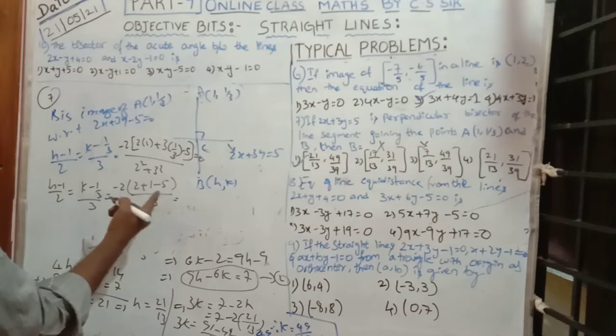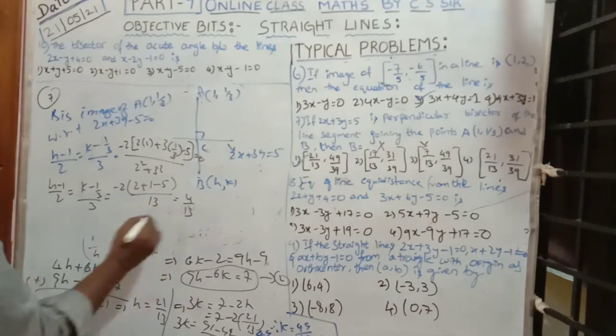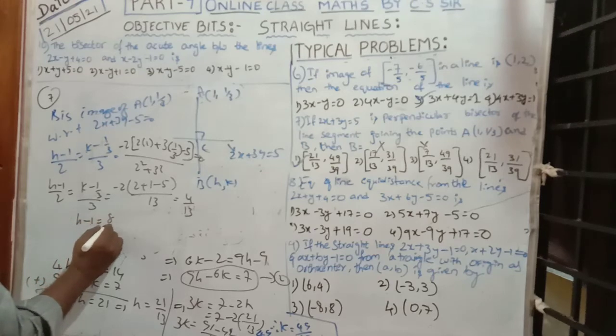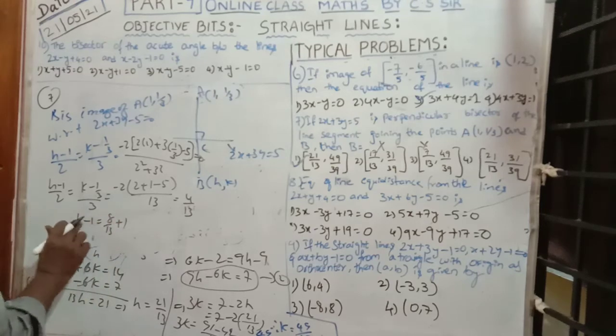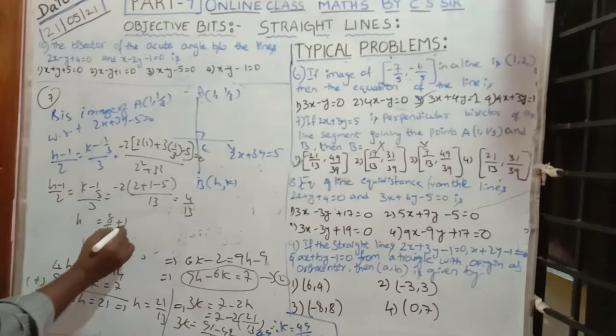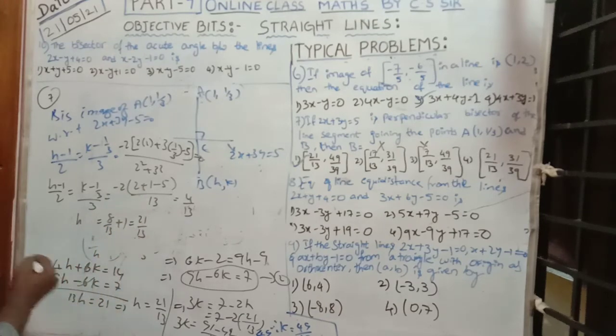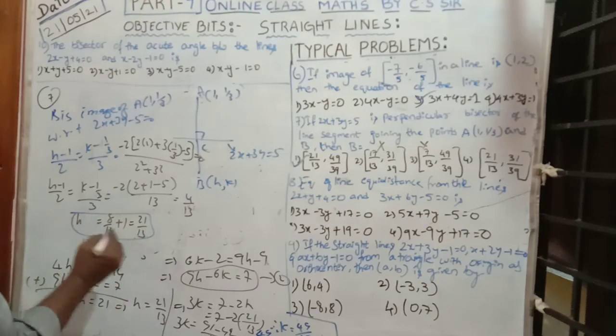K is minus 24 by 30. So h minus 1 is equal to 8 by 13 plus 1. H value directly, so that is equal to how much? 21 by 13. This is already, we know that value. This is the h value.